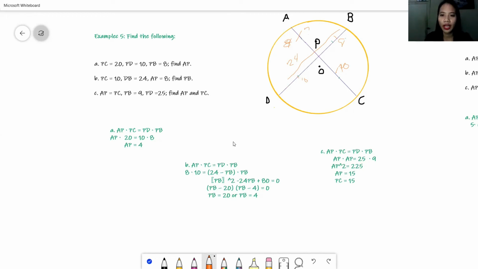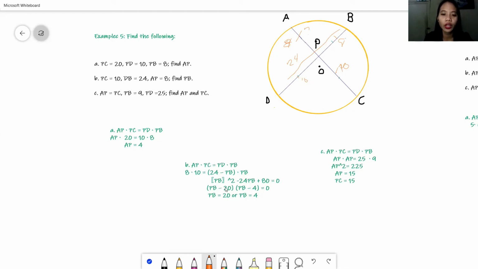Given that AP is 8, times the value of PC, which is 10, is equal to 24, which is the value of line DB, minus PB, times PB. So PB times PB is PB squared, minus PB times 24 is 24 PB, plus 8 times 10 is 80, equal to 0. So let us use the factoring method.